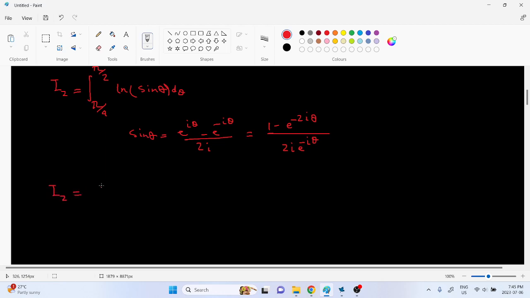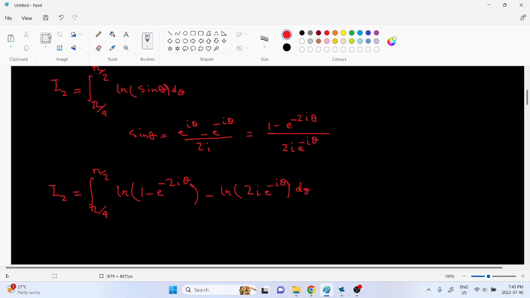So our I2 becomes the integral from pi by 4 to pi by 2 of the natural log of 1 minus e to the negative 2i theta minus the natural log of 2i e to the negative i theta d theta.